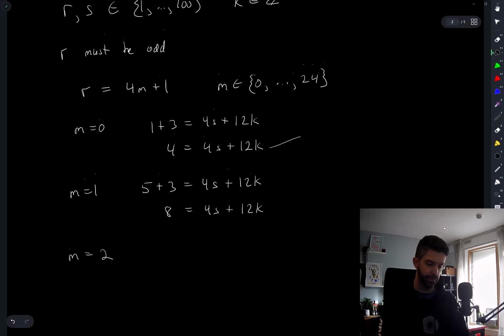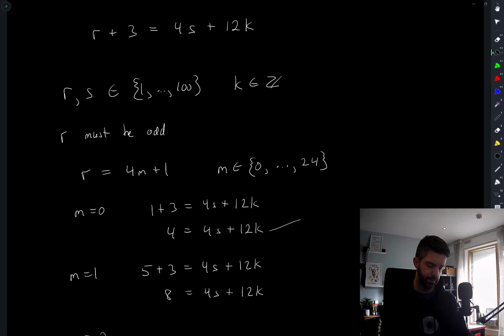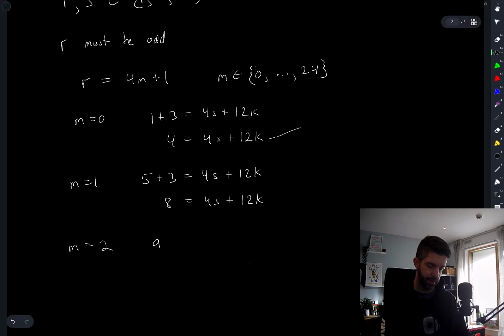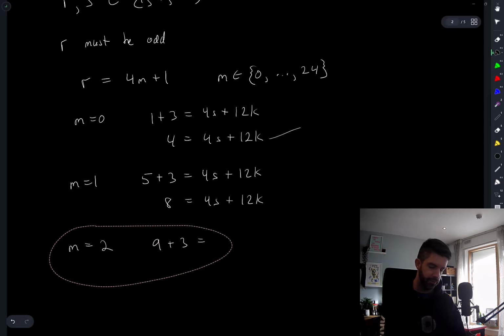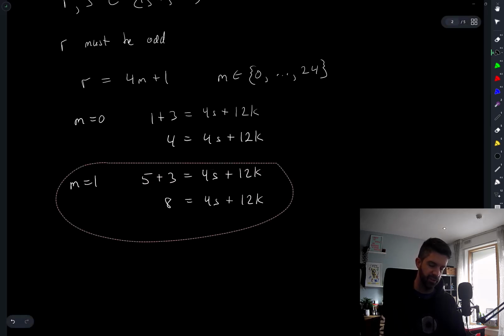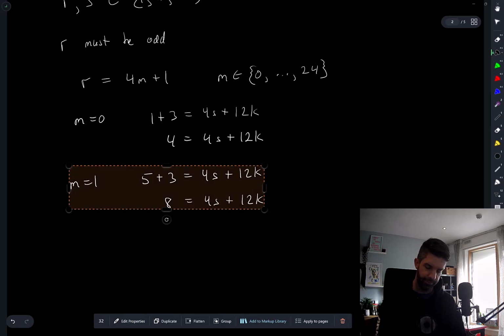M is equal to 2 gives 9 plus 3 is equal to, oh, hold on, but there might be multiple values of S. Sorry. For each value of M, there could be multiple values of S that work.